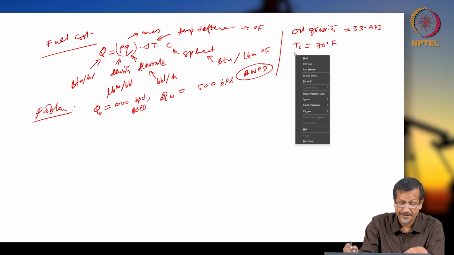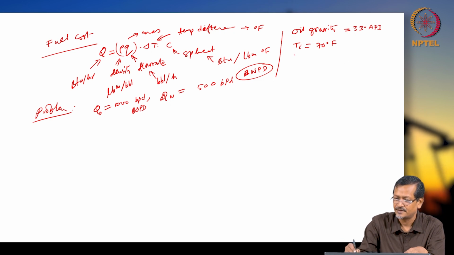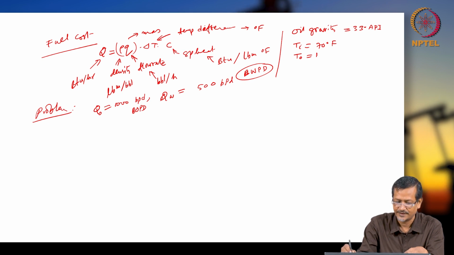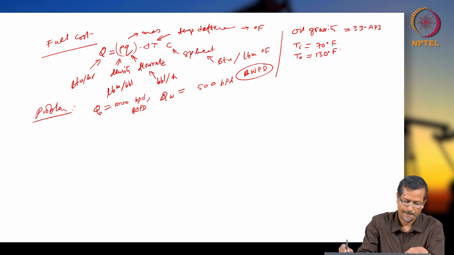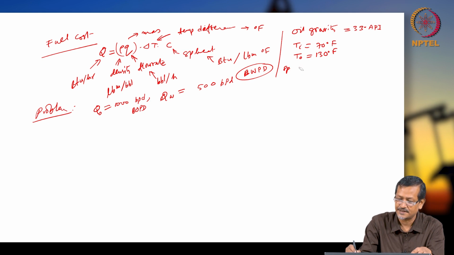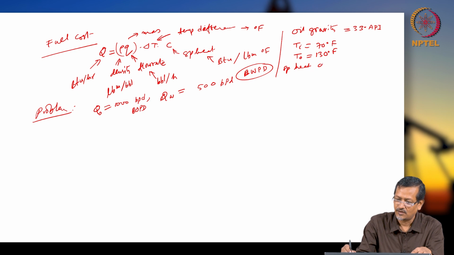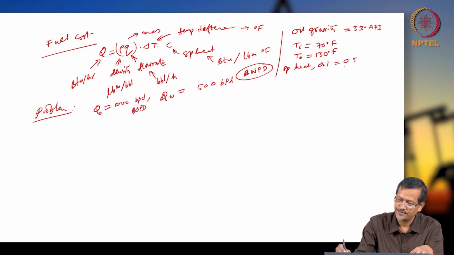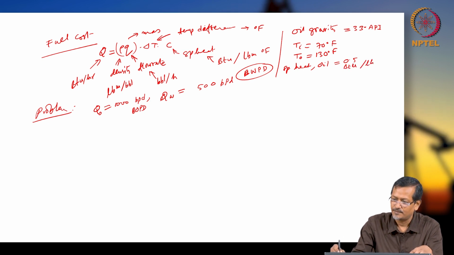And treating temperature, the operating temperature they have given. So I am writing just T_O, 130 degrees Fahrenheit. And some assumptions they are asking to take: the specific heat, not specific gravity, specific heat of oil is 0.5 British thermal unit per pound mass degree Fahrenheit.